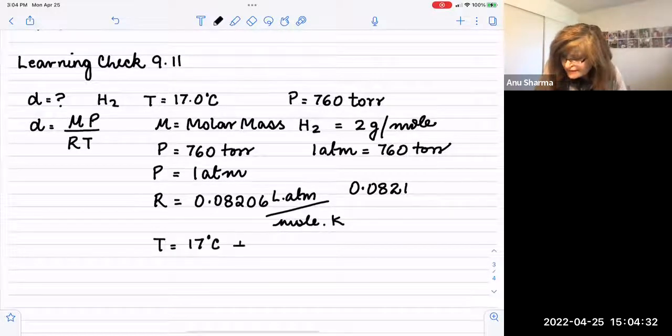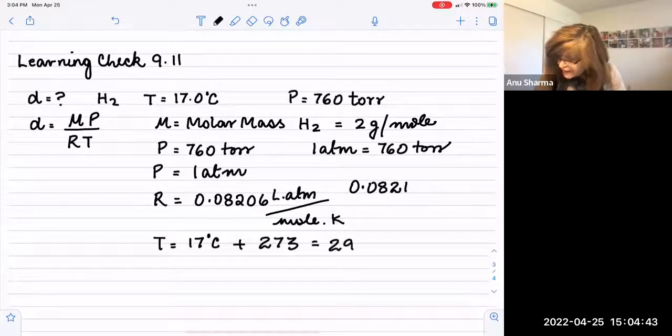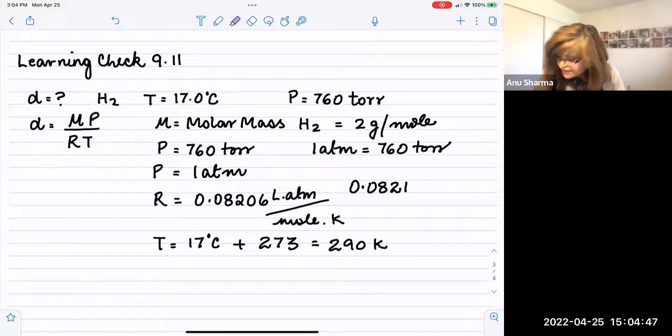So 17 degrees Celsius plus 273 converts it to Kelvin, and this comes out to be 290 K. Always keep in mind that the temperature has to be in Kelvin.